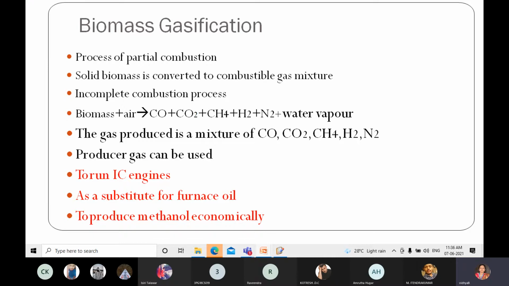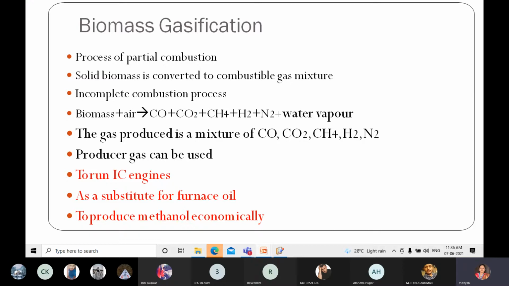The gas produced is a mixture of all these.